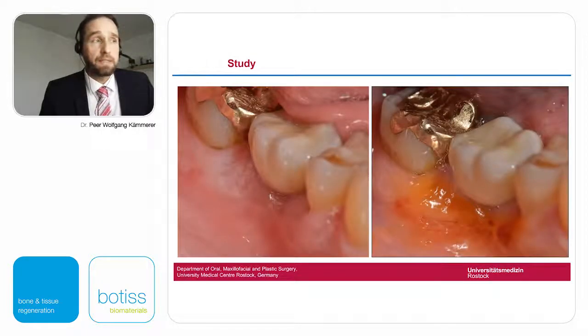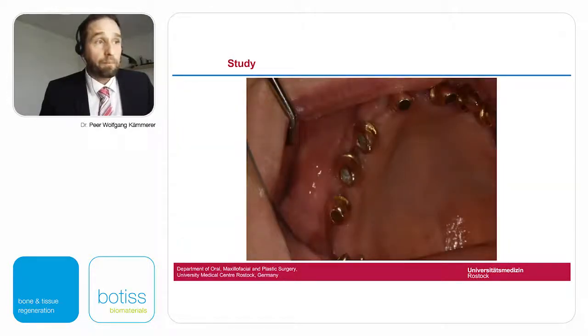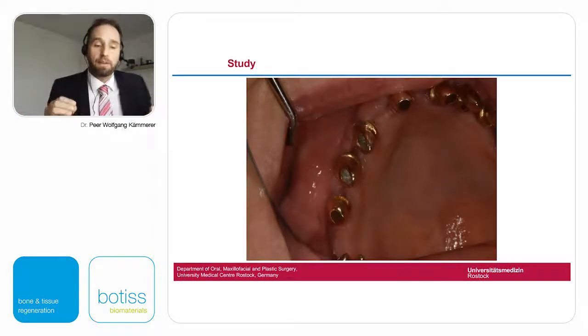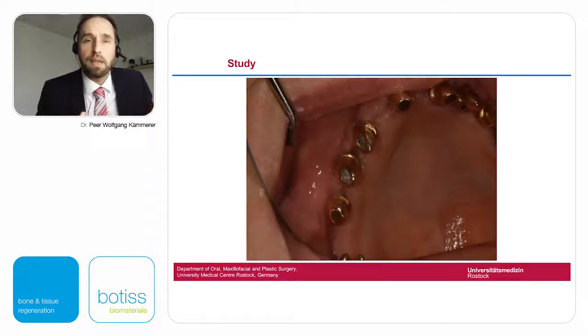These are the results after half a year. You see everything's stable. There's a lot of fixed mucosa. There's no mobile mucosa around the implants anymore. So finally it works, but you have to keep in mind that at the beginning, these first days, it might look a little bit strange.